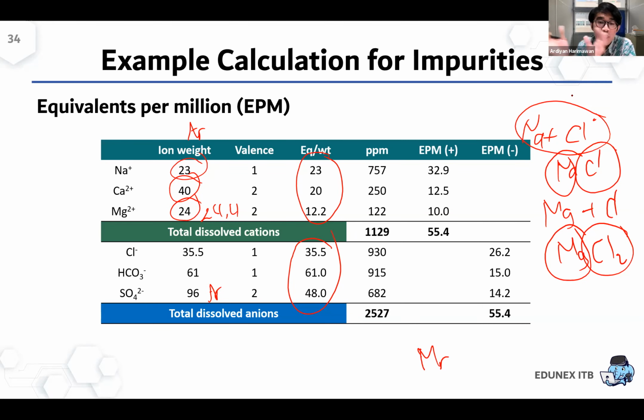So like dissociation form. And depending on the Ar, the ion weight, and the valencies, the ability of sodium to get the chloride ion and the ability of the magnesium to get the chloride ion is different.